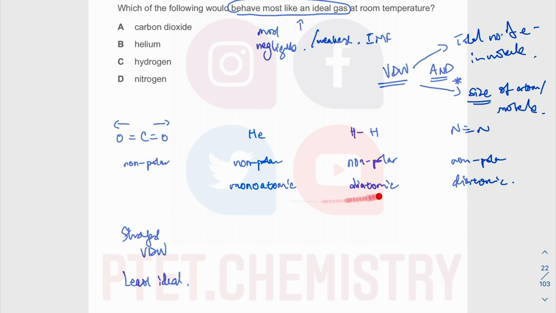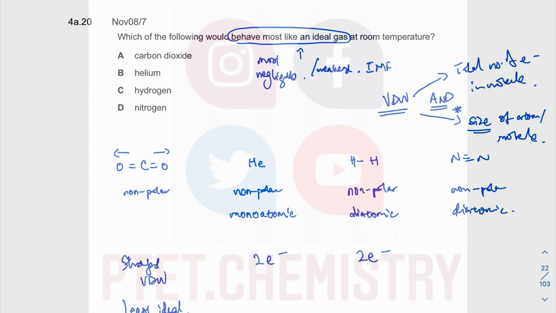And then now between this and this: this has got 2 electrons, and this has got 2 electrons. One here, whereas this is single atom, it's got 2 electrons. How would you compare your van der Waals? You can't if you just look at the first factor, which is why you need the second factor, which you also learn in school, which of course is also in your textbook, which of course a lot of you would probably forget about. All right, this is a 2-atom molecule.